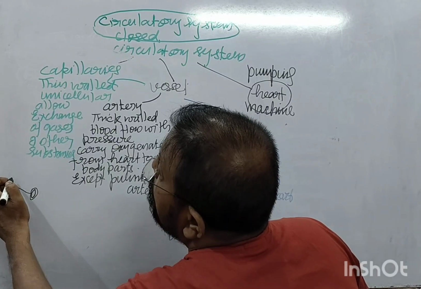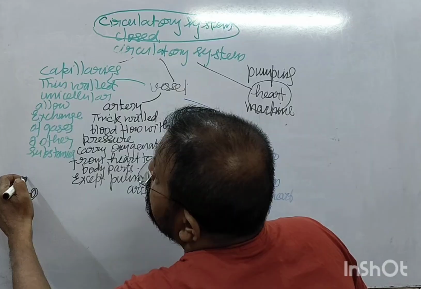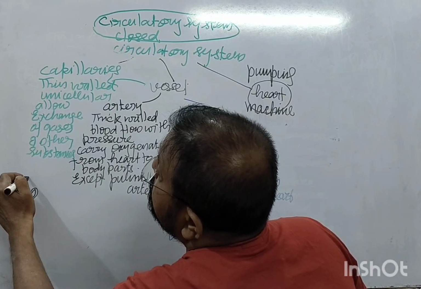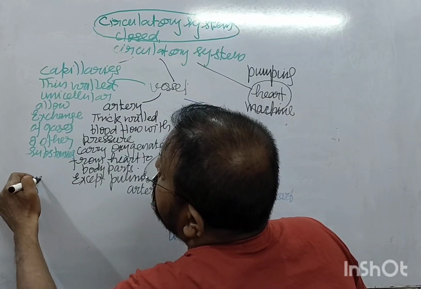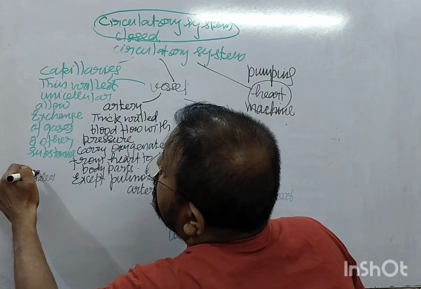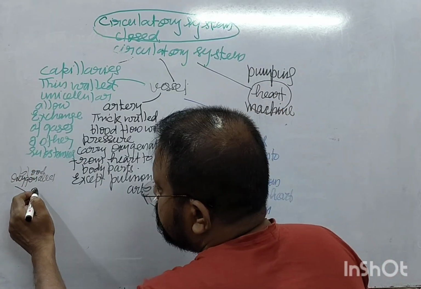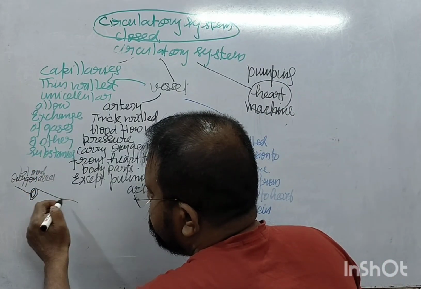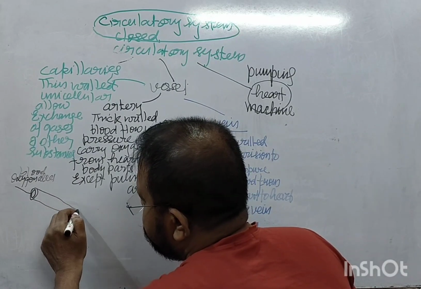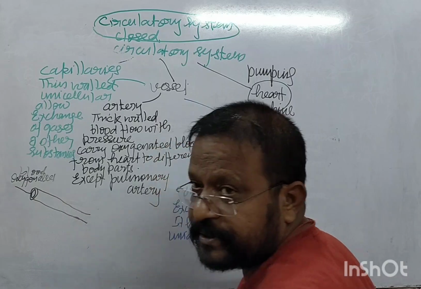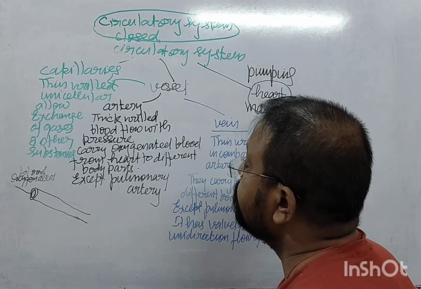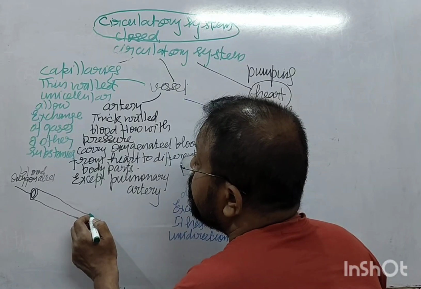This is oxygenated blood carrying, it reaches here, right? We have a closed circulatory system, so nothing is open. Then there is bifurcation.